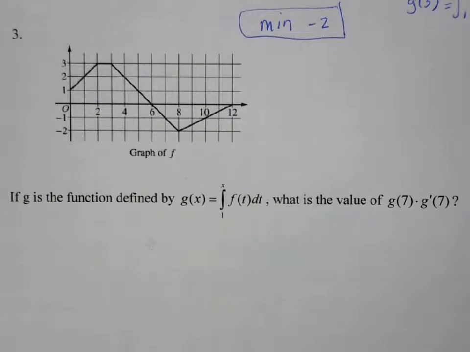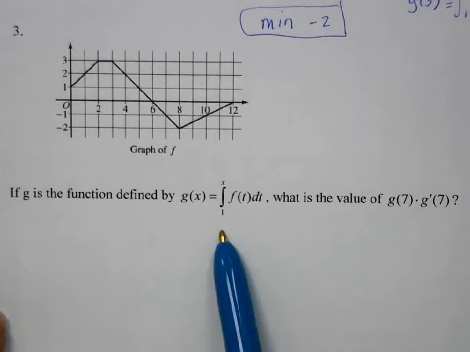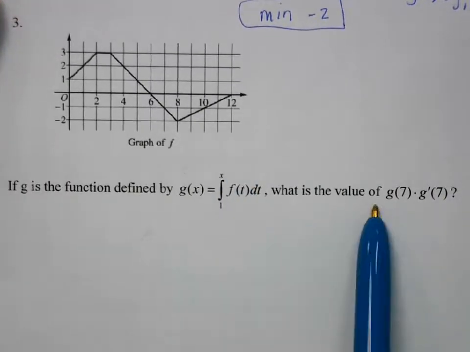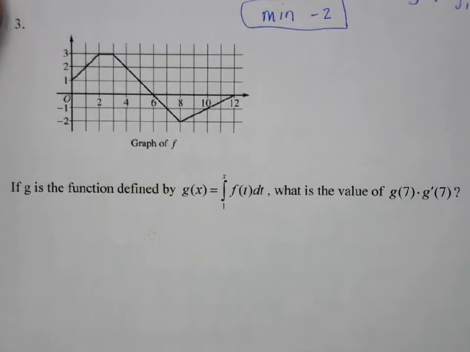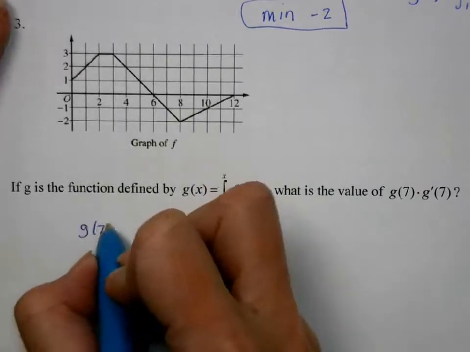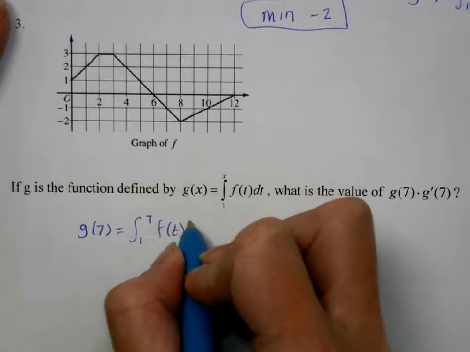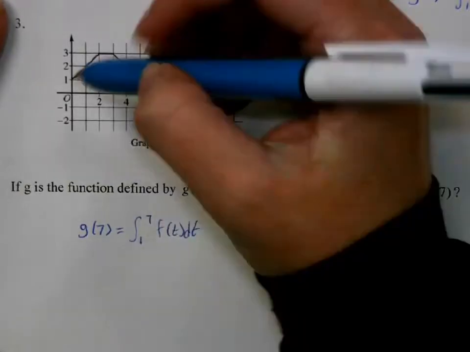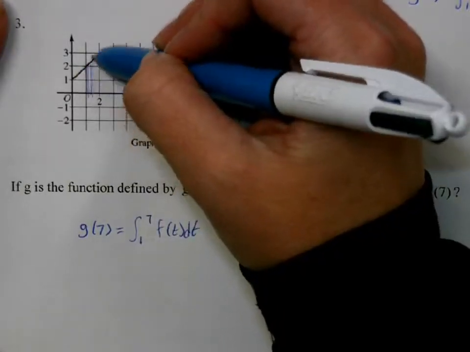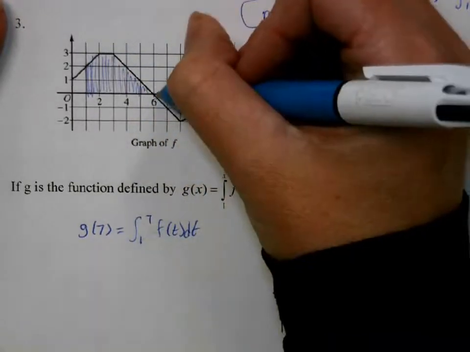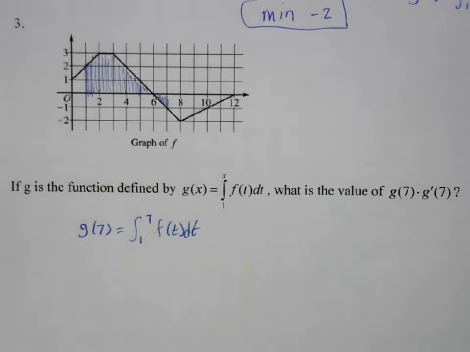All right, another integral function. So g is the integral defined by g of x is the integral from 1 to x of f of t dt. What is g of 7 times g prime of 7? Well, g of 7 is going to be the integral from 1 to 7. So here's 1. We have this positive area and then a little bit of negative area.